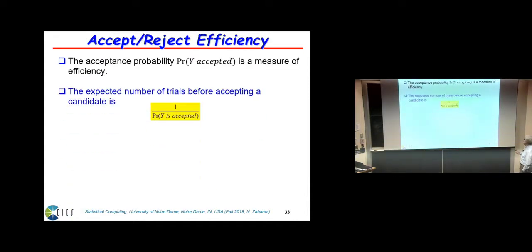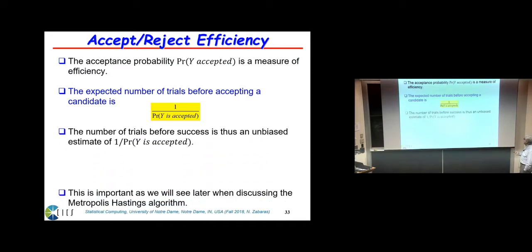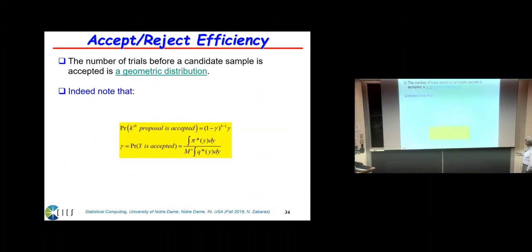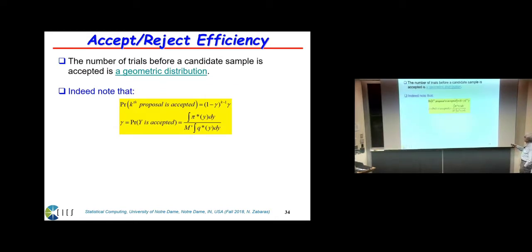All right, let me give you one fact here that is very important. You may ask, how many samples do I need to take before I accept a sample? The answer is 1 over the probability of y being accepted. That's basically how many times you need to try to accept one sample. And if you want to say this mathematically, to accept at the kth trial means you have to reject at k minus 1 trials.